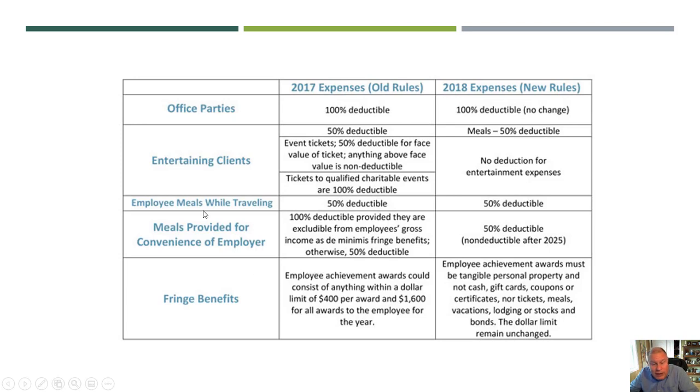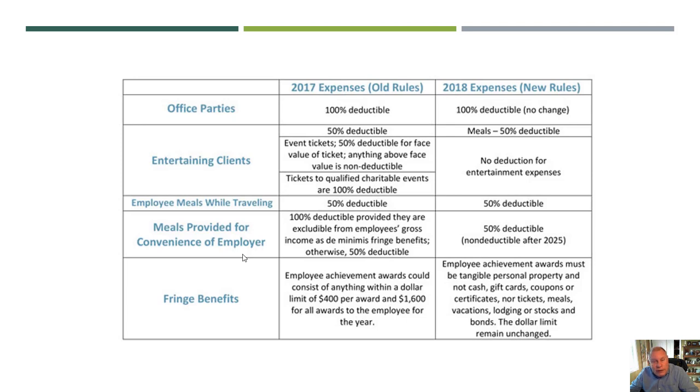Some small nits and gnats in there. Some of this you may come into when you join the workforce. You might find that under the old rules, you might have gotten something. And again, how companies handle this, let's take meals provided for the convenience of employers. You're going to travel.